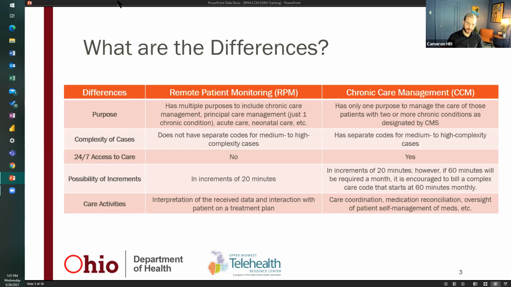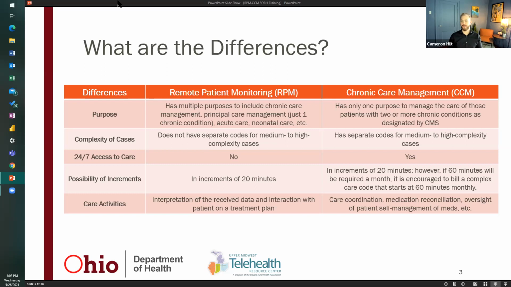Let me start with identifying some of the differences between the two services. Remote patient monitoring can be used more broadly than chronic care management. It does include monitoring chronic disease, but it also can be used for acute care and neonatal care, and for a much broader number of reasons.